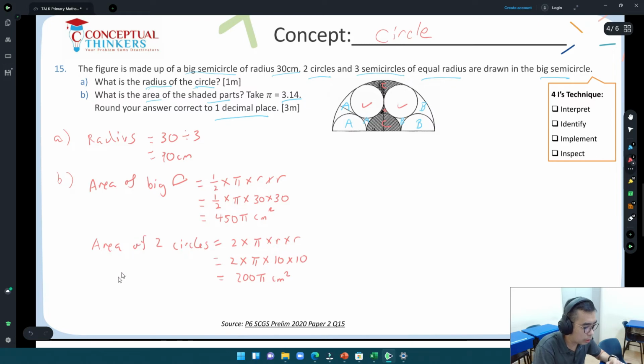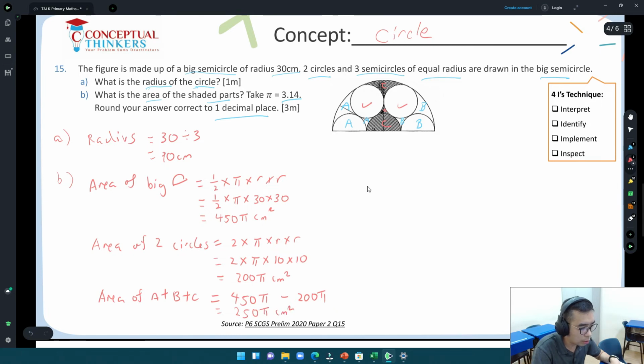Next, I want to find the area of A plus B plus C. To get this, I need to take the area of the big semicircle minus away these two circles. The area of the big semicircle is 450 pi, so we minus away 200 pi. This will give me 250 pi cm square.